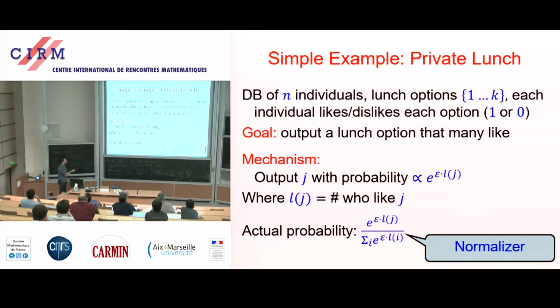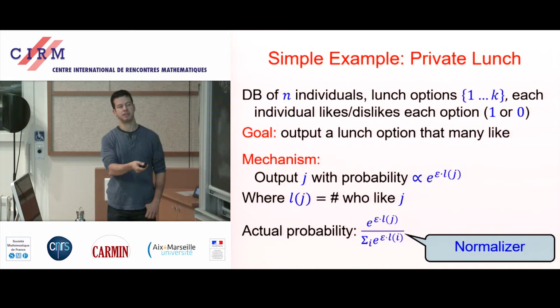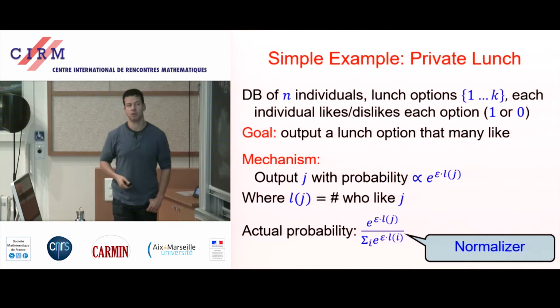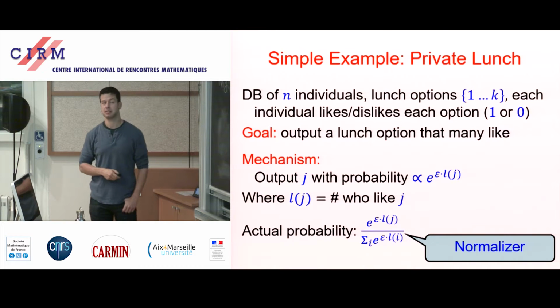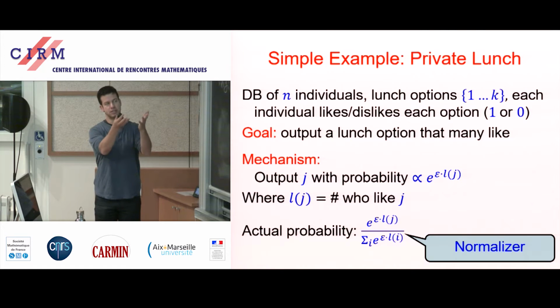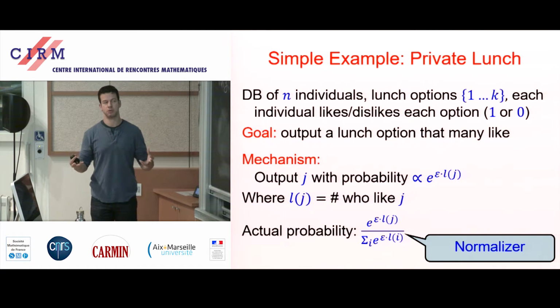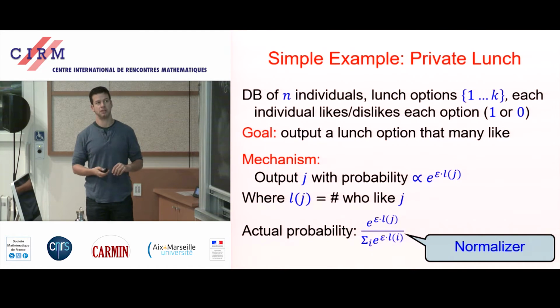So we output j with probability e to the epsilon times the number of people who like j, divided by the scores that were given to all the other lunch options. In particular, the probability of outputting a particular lunch option grows exponentially with the number of people who like it. That's a nice property, and I'll claim that that's a differentially private algorithm. We didn't really add noise, we didn't count, we simply constructed this distribution, and this distribution, as we constructed it, will be differentially private.